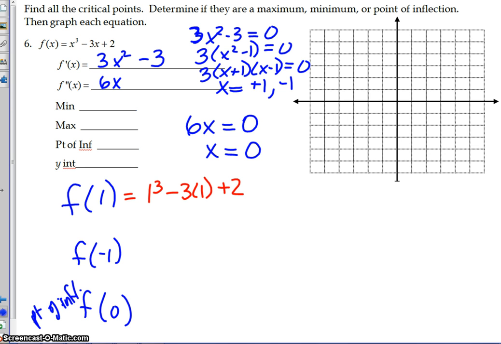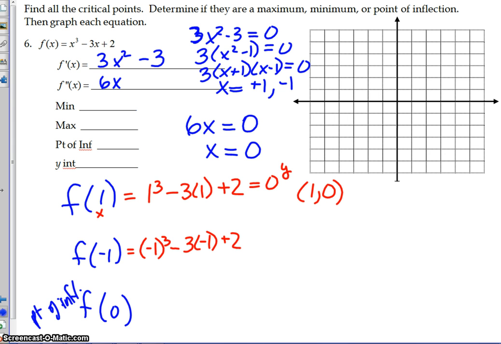1 minus 3 is negative 2, plus 2, I got 0. So this represents when x is 1, the y is 0, so it represents the point (1, 0). Then we have negative 1: negative 1 cubed minus 3 times negative 1 plus 2.